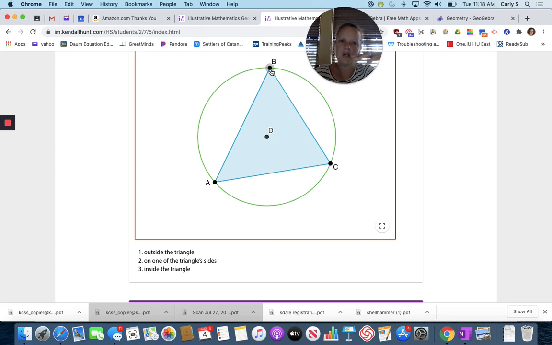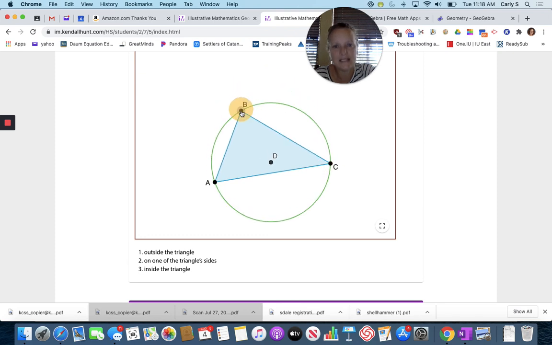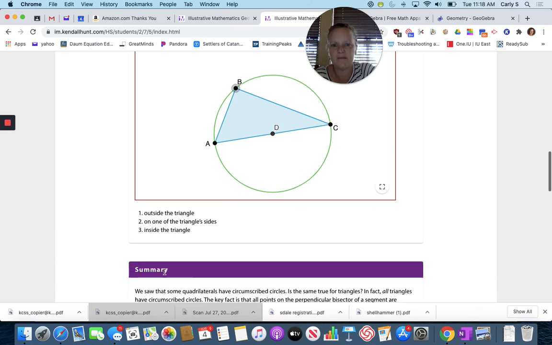So I've got obtuse, acute, what's my third possibility? Right. If B is a right angle, D is on the hypotenuse. It's on one of the triangle sides. So outside the triangle, on one side, and inside the triangle.